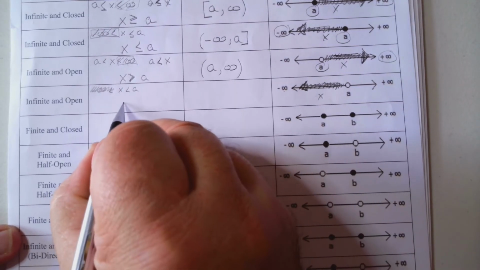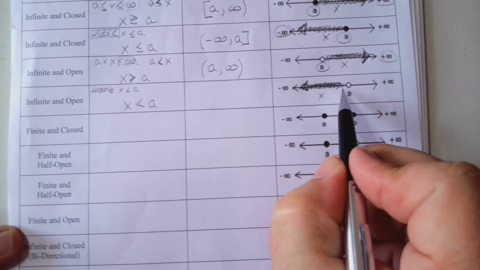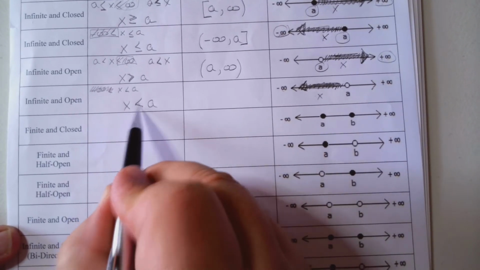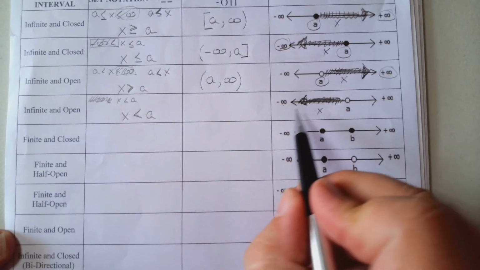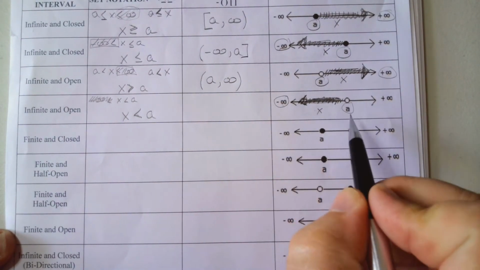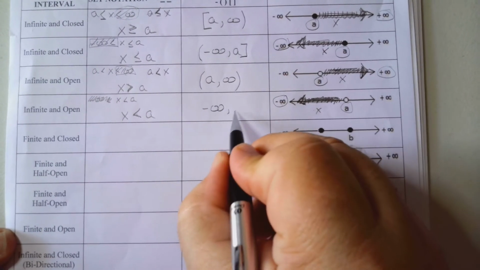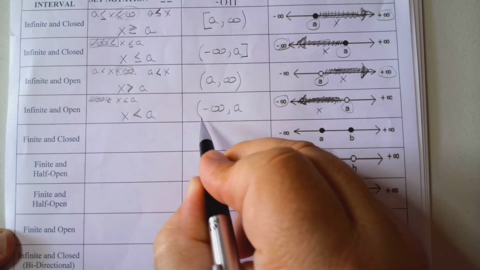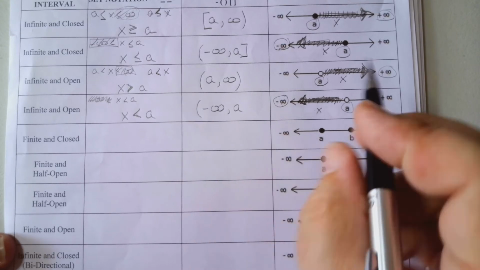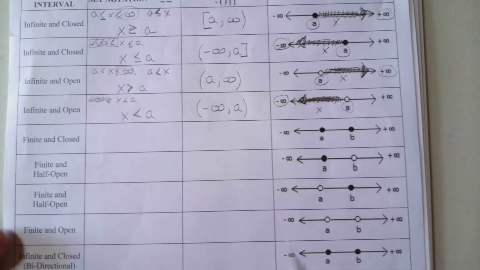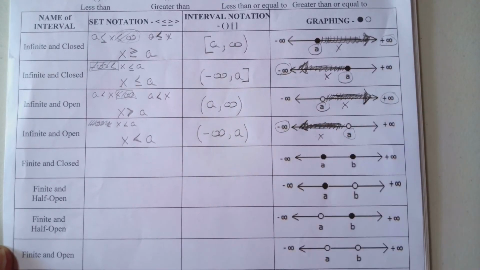So my answer is x is less than a. Again, it's shaded to the left of a. That's where it's going. So for the interval notation, look at the endpoints of my shaded region. Start at negative infinity and at a. Infinity is always open and a parenthesis. So a is open, so that's a parenthesis. So those are all the infinite ones because it goes on to infinity from one point.